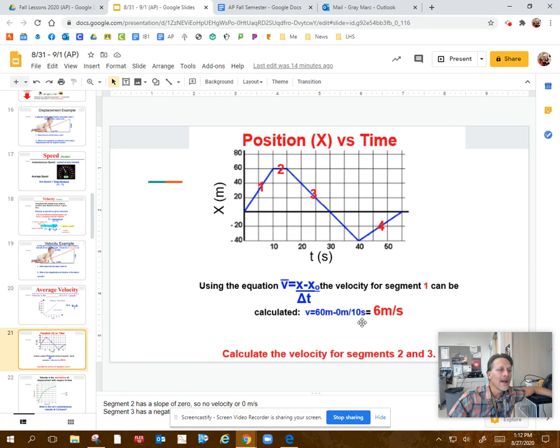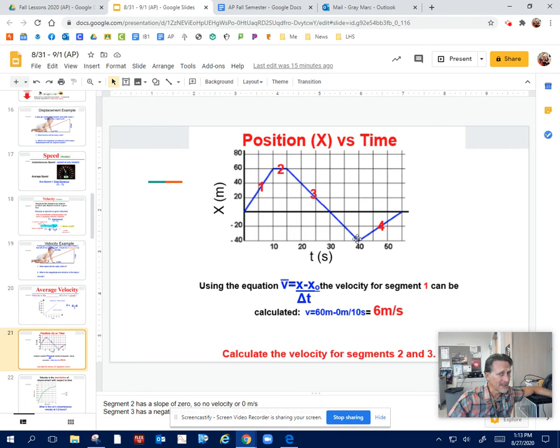Now, if I wanted to calculate sections 2 and 3, I'm just dealing with it as a slope formula. Notice how the slope for this one is 0. It's a flat slope. There is no slope. Therefore, I'm not moving at that point. My position is not changing with respect to time. My speed or velocity is 0 meters per second. And this is a negative slope here.